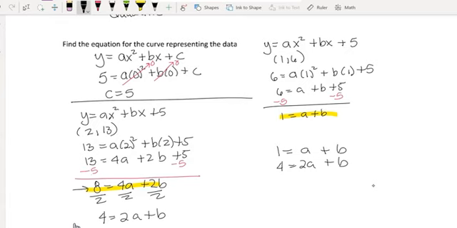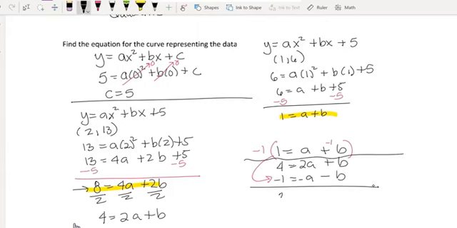So to solve using the elimination method, I need to pick a variable. So I'm going to pick the variable B, and in order to solve, I need to multiply both sides by -1. That way I will have a -1b and a +1b, so that when I add down, the b's will cancel. So the top equation becomes -1 is equal to -a minus b.